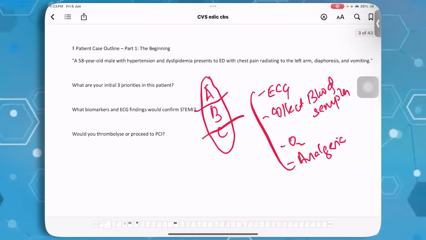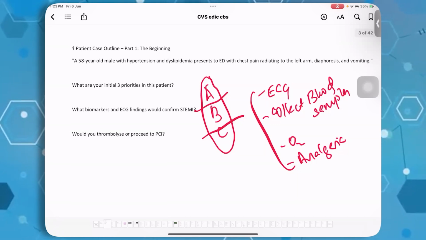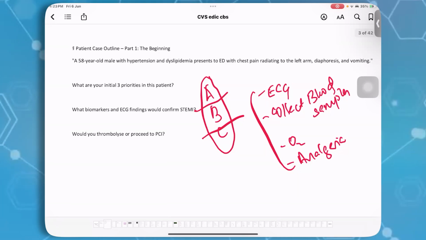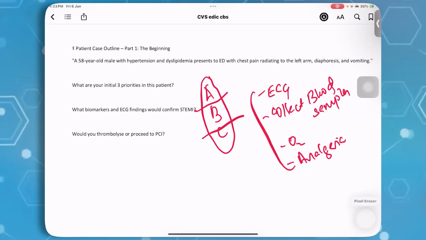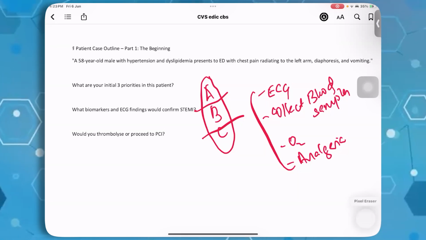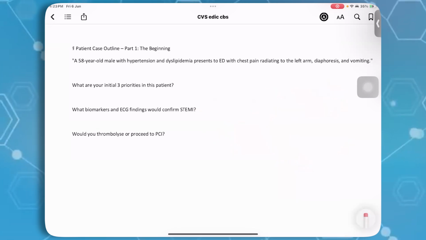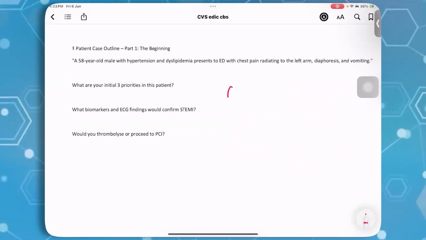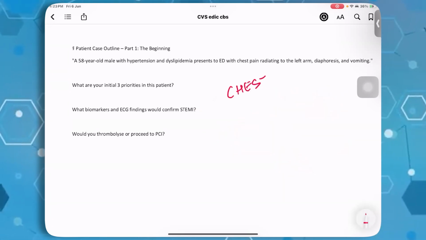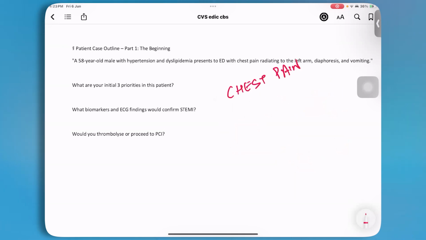In NSTEMI, the patient presents with a classical chest pain of acute coronary syndrome, which occurs at rest. But the ECG will be normal, and cardiac biomarkers may not be elevated.